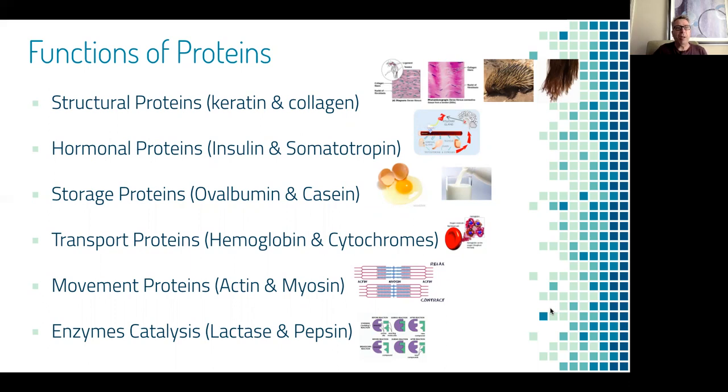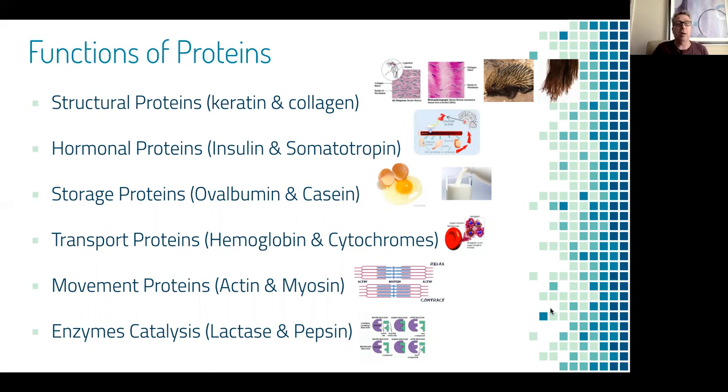Storage proteins, ovalbumin and casein. You notice that you see egg and milk. Those are for developing organisms, right? They're stored in areas where an organism may not necessarily have access to it, whether it's inside an egg or an infant, let's say a mammal who needs to breastfeed to get their protein.